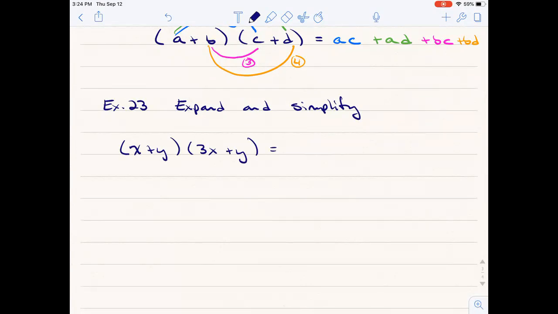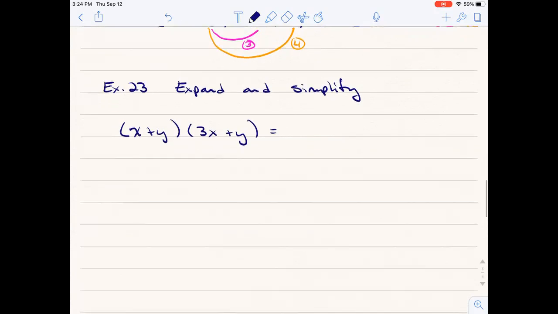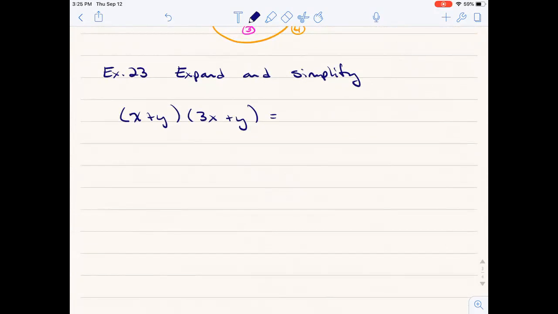So we've got x times 3x, and instead of just combining them immediately to 3x squared, I'm going to show all my work, but usually I would probably just say x times 3x is 3x squared and move on, right? But for this example, I'm just going to show all the work. Okay? So we get x times 3x.